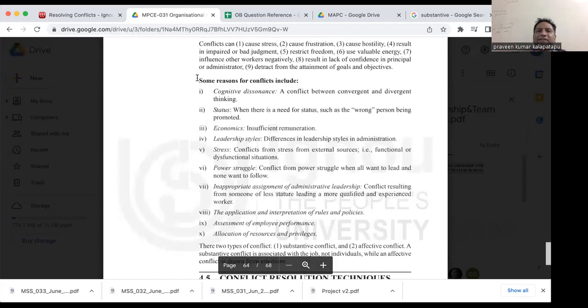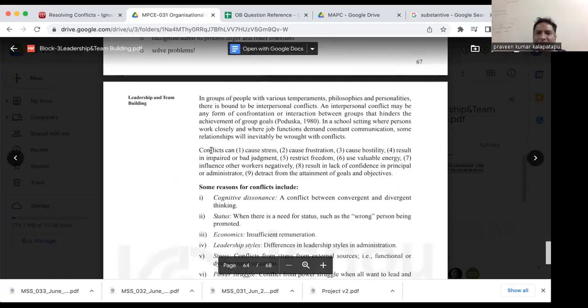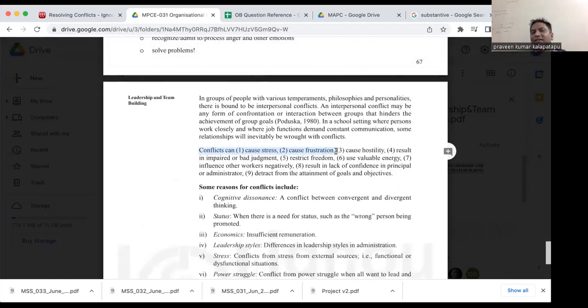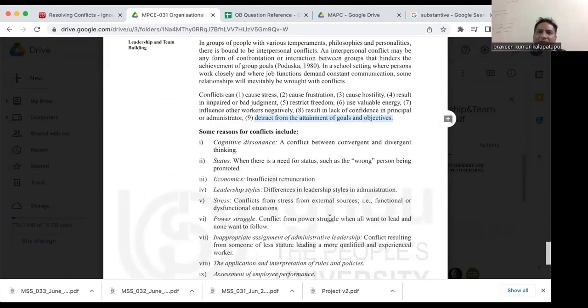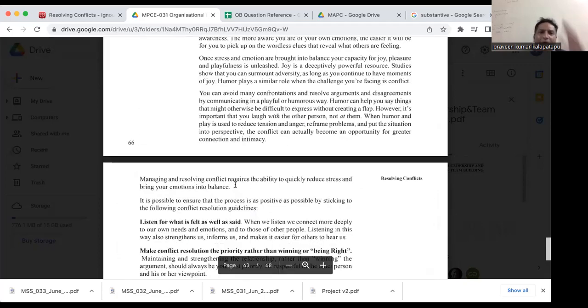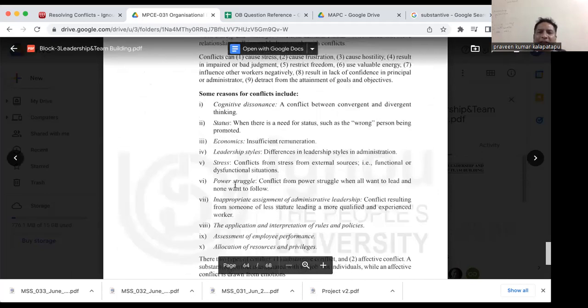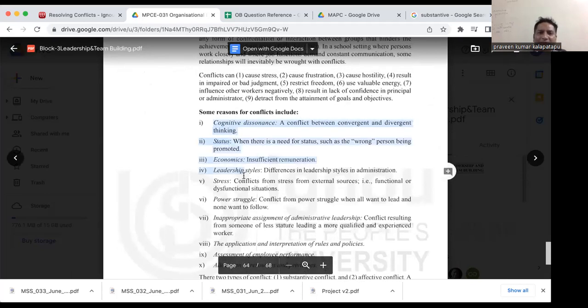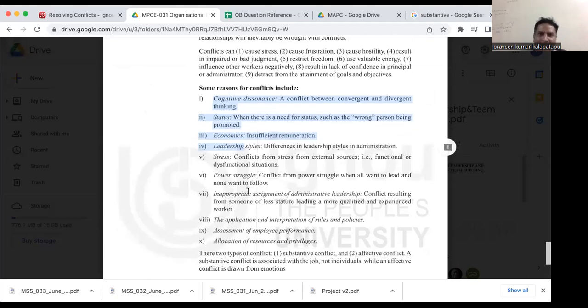So some reasons for conflict. Conflicts can cause stress, frustration, hostility, judgment, freedom. These points are very evident, what all conflict could cause, right? It could result in lack of confidence, and detract from the attainment of goals and objectives, right? Some reasons for conflict are, yes, we read in the above on sources of conflict. This is coming in a slightly different way, but the points are the same.